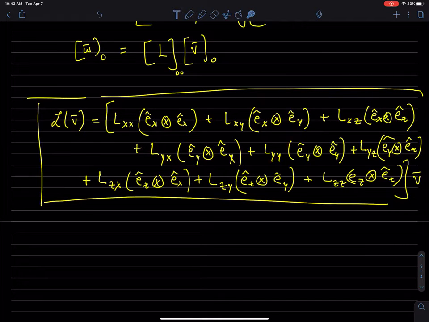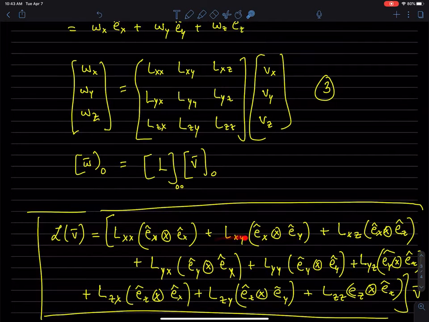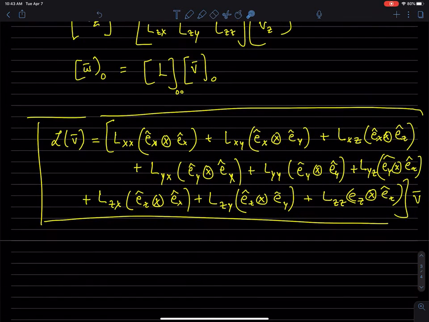Okay. And you notice that this is completely analogous to this 3x3 matrix. Essentially, we have these elementary dyads or elementary tensors, just like you have unit vectors. These are the tensor analogs.